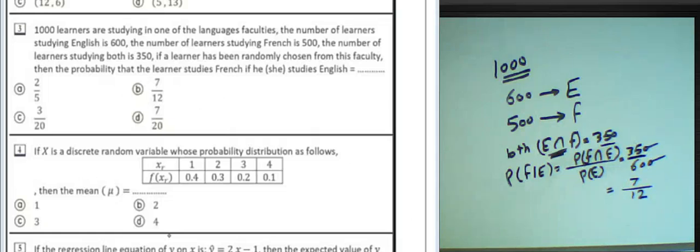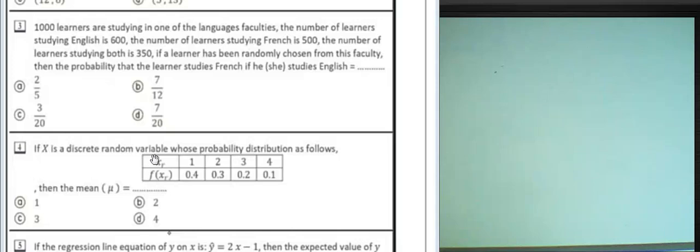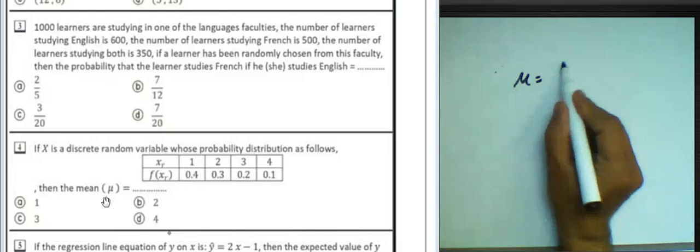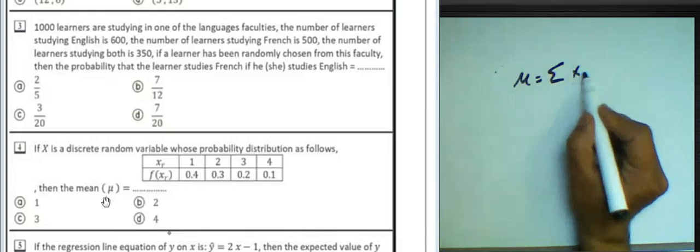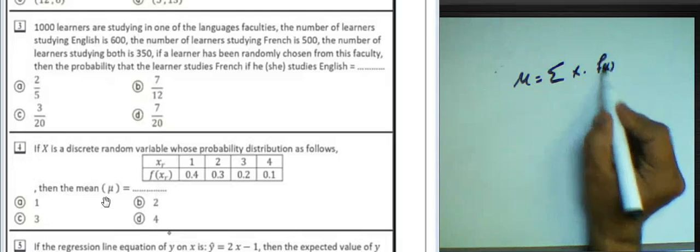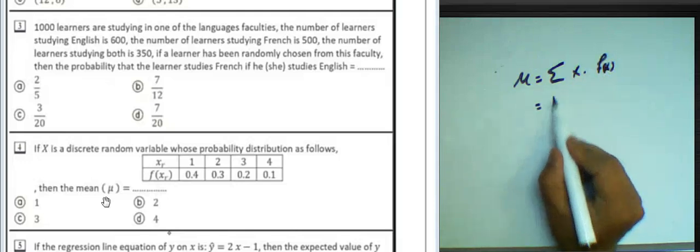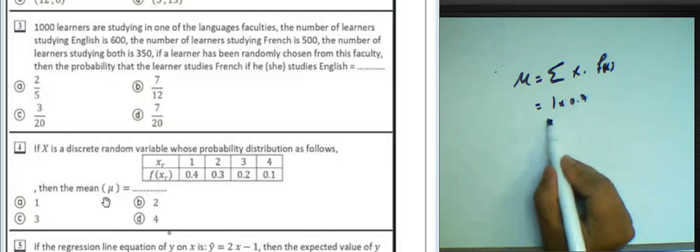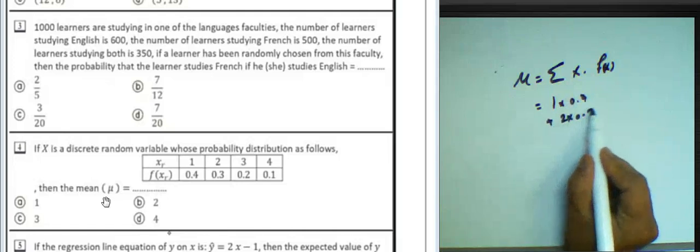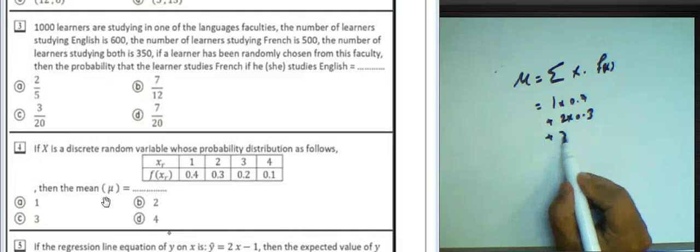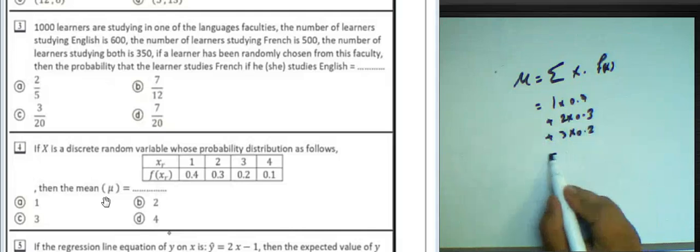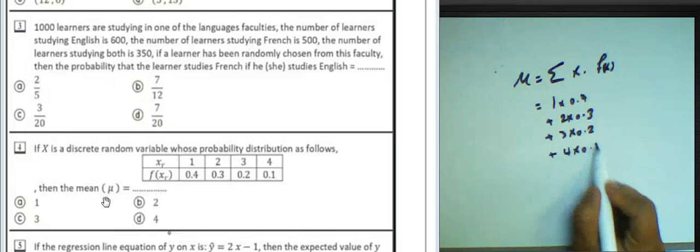Choose letter B. Discrete random variable whose probability distribution as follow: x and f of x. We want to find the mean equal mu equal what? We can find the summation of x multiplication by f of x. It's equal 1 multiplication by 0.4 plus 2 multiplication 0.3 plus 3 multiplication 0.2 plus 4 multiplication 0.1.